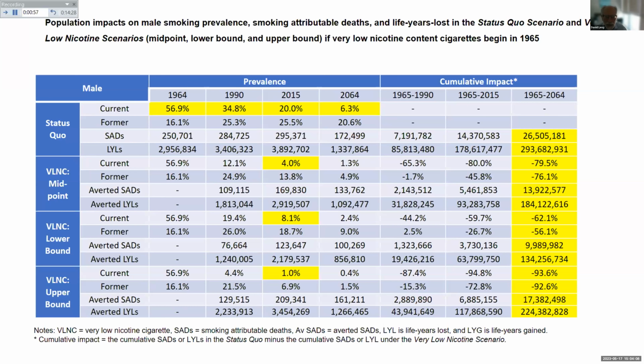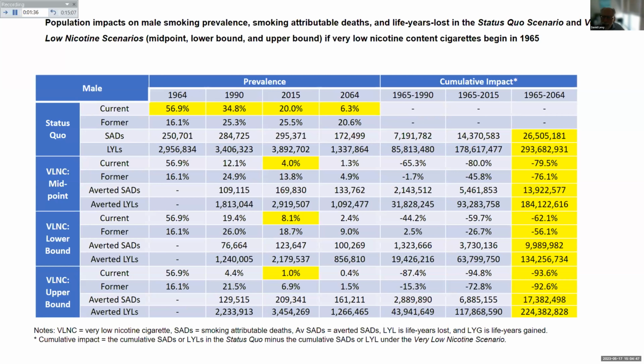And these are, I forgot to mention, for males. We also have the former rates and the smoking attributable deaths and life years lost, which are quite substantial, as you'll see, over the time period from 1964 through, actually here we did the analysis through 2015, even though the model projects into 2064.